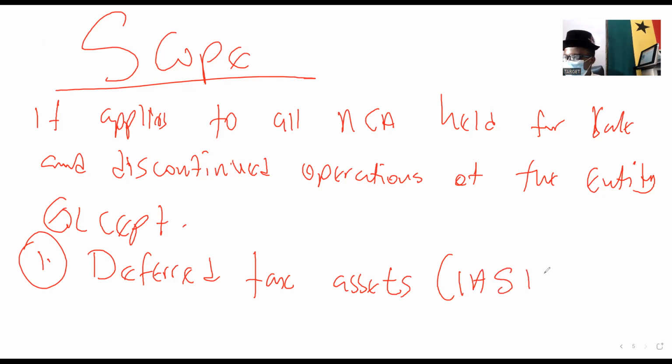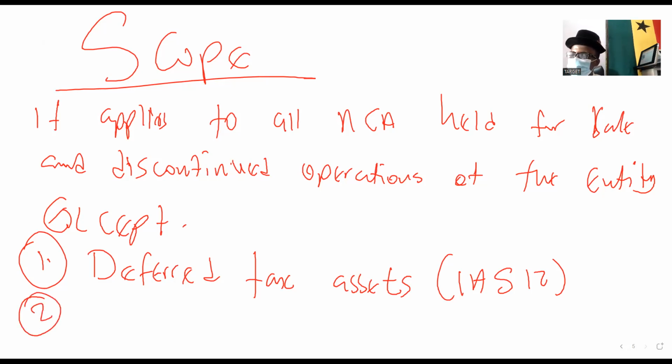So these are the exceptions. When they give you an IFRS 5 question in exams and it contains a deferred tax asset, and they ask you to measure or recognize it using IFRS 5, please exempt it. Do not apply IFRS 5 to the deferred tax.